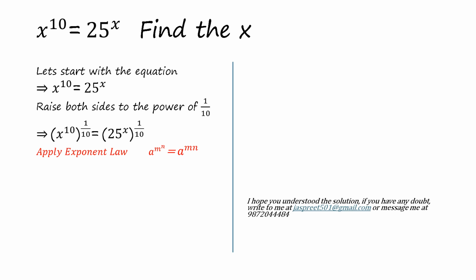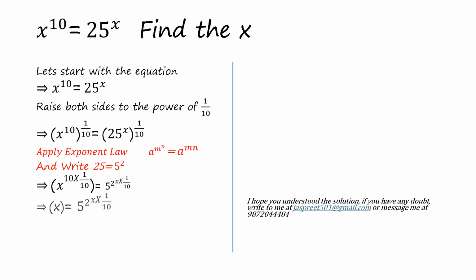By applying the exponential law, a to the power of m to the power of n equals a to the power of mn. And we can simplify 25 to 5 to the power of 2, resulting in x to the power of 10 multiplied by 1 upon 10 equals 5 to the power of 2 to the power of x multiplied by 1 upon 10.